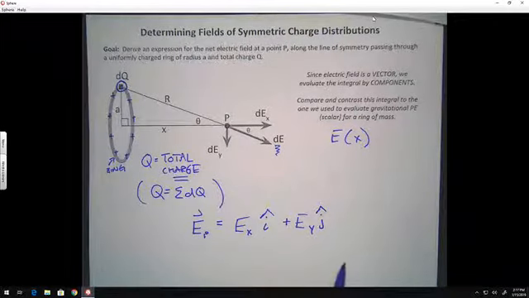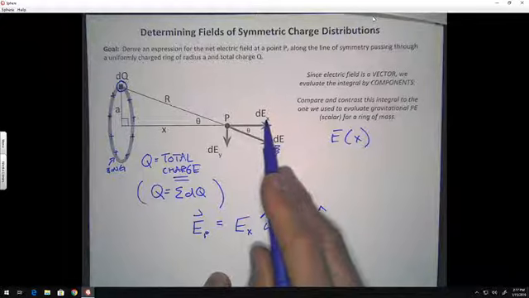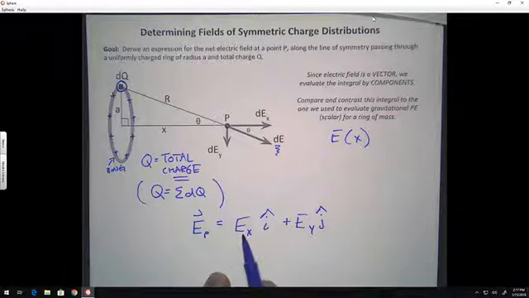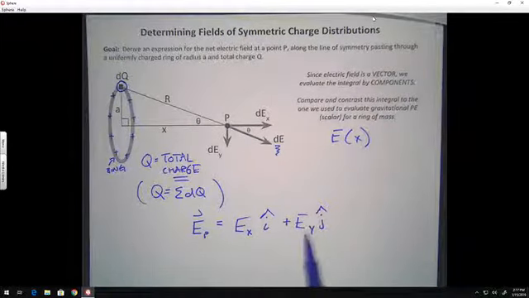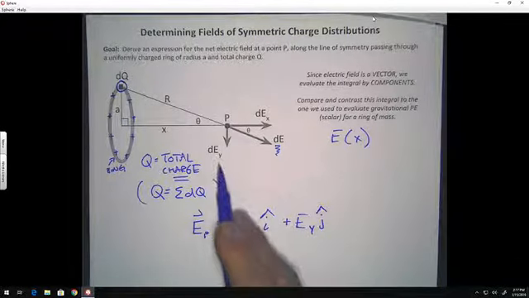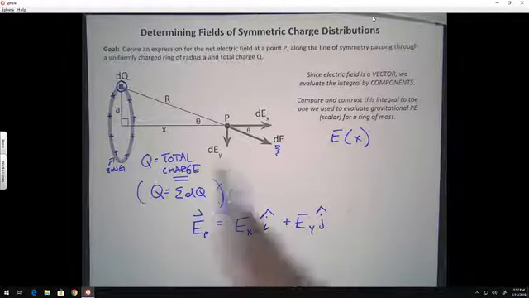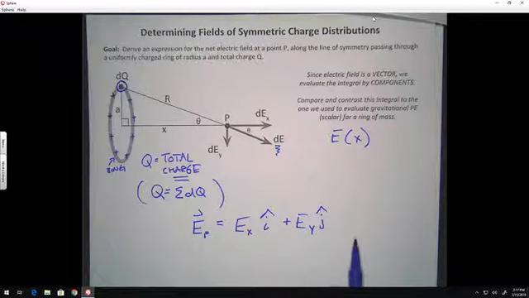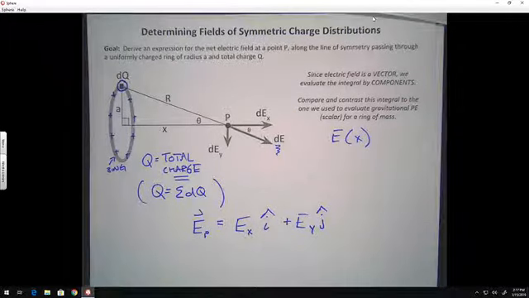Now, this Ex is not the same thing as that dEx, right? It's not, because this Ex is the total Ex that comes from all of the chunks. The same thing here: this Ey that's right here is not the same thing as dEy. And so what we'll have to do is integrate to find those things.